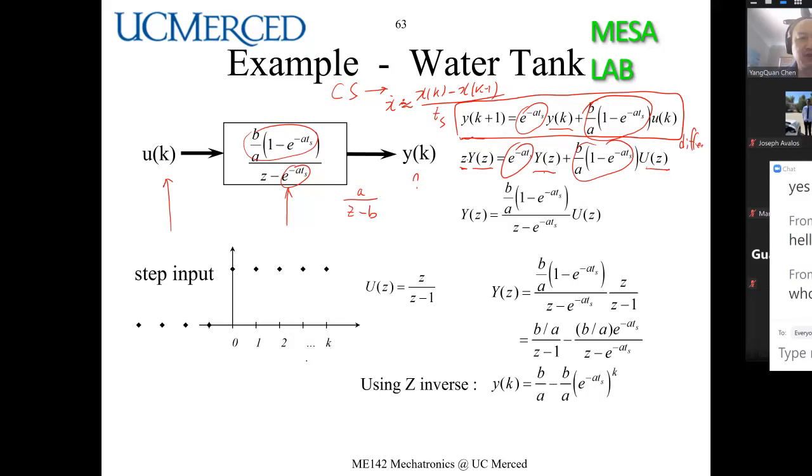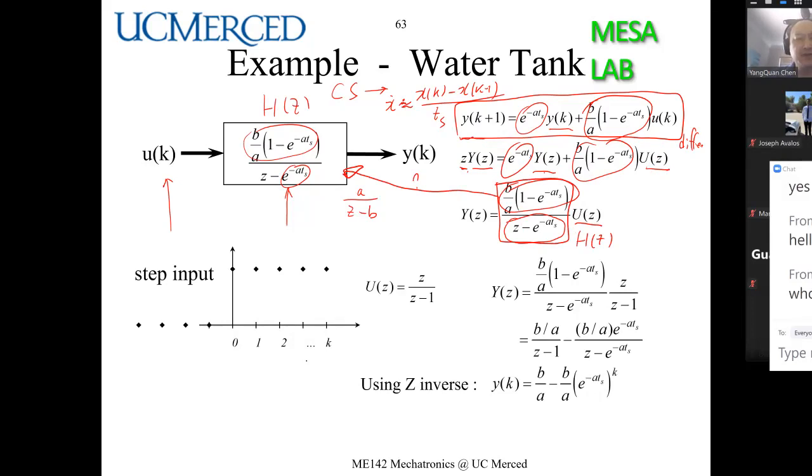So then I put this one to this side. I'm going to have z, this one. Then I have this one here with U(z). So you can see this is nothing but my H(z), right? This is my transfer function, okay? Transfer function, H(z). So this is my H(z), right?